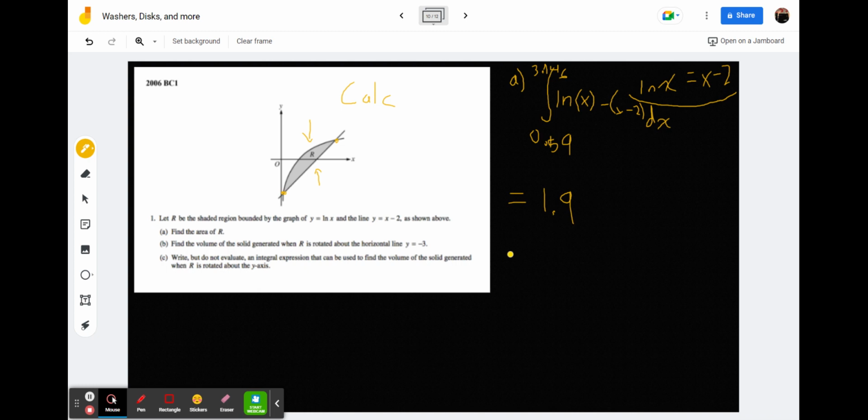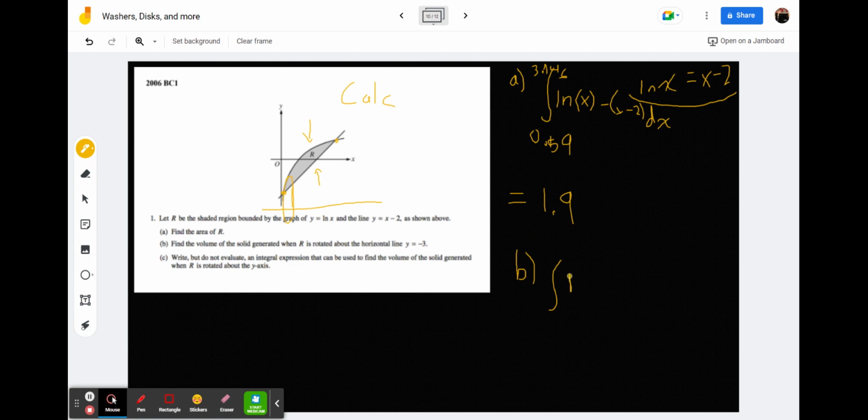Anyway, B: find the volume of the solid generated when R is rotated around the horizontal line y equals negative 3, which is down here. So how do we do this? We have a gap here. What we can do is use the washer method. So we need to find the area of each washer, which is the outer disk minus the inner disk.